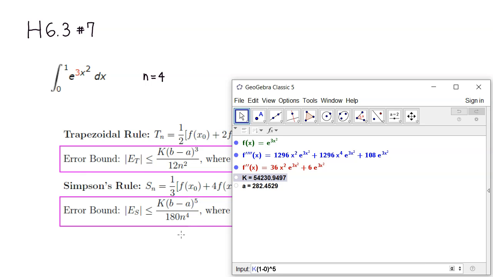I'm just following this, divided by 180 times n, which is 4, raised to the fourth power, and then hit enter. So it came out to be 1.1769. So let's type it in.